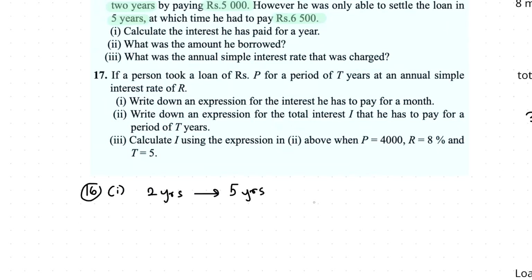1,500. So what is this extra? Is it the loan amount that has increased, or the interest? What do you think? 1,500 has increased. Has the loan amount increased or has the interest increased?